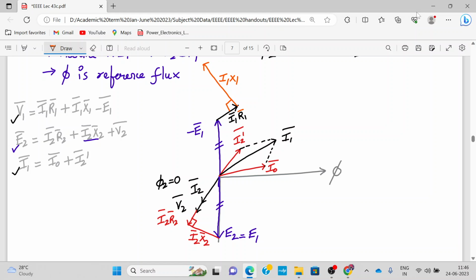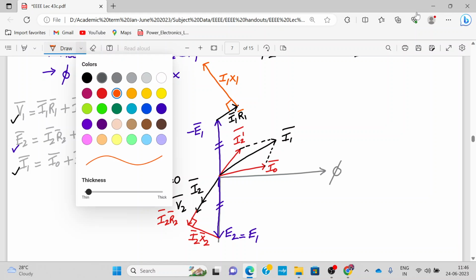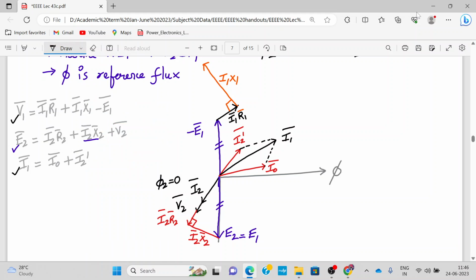All three together will be equal to V1, so V1 will be from here. Understood? This drop is your V1. Understood how we have drawn it? E1 bar plus I1 R1 plus I1 X1 is equal to V1. Alright? Okay, understood?